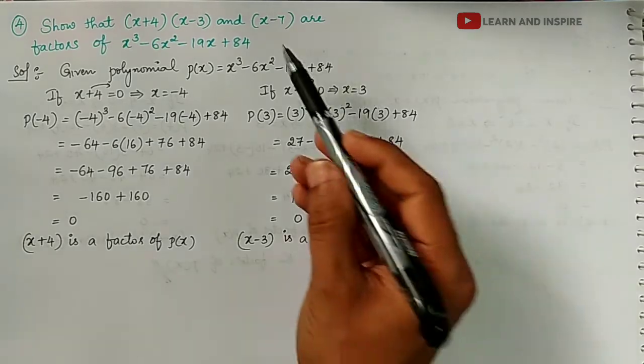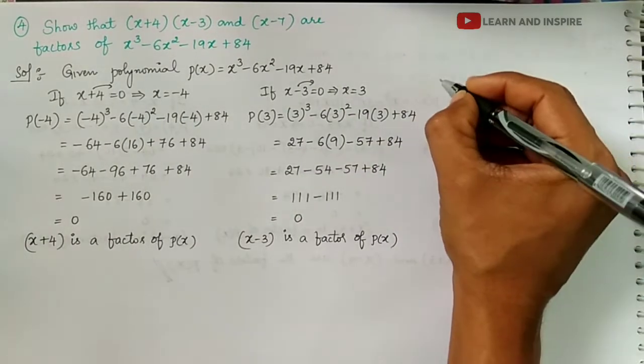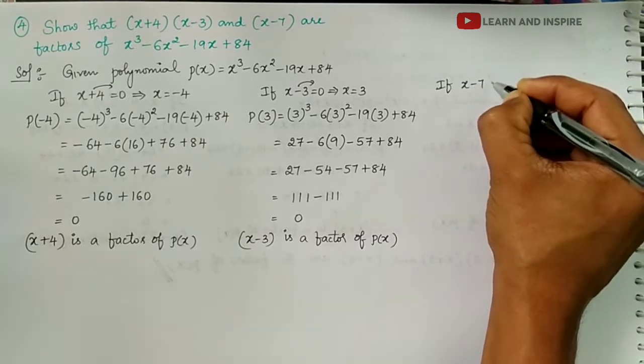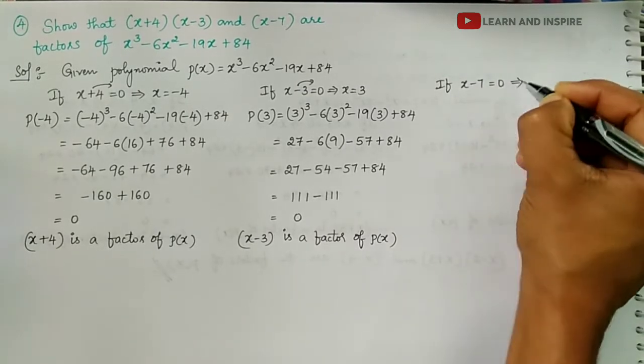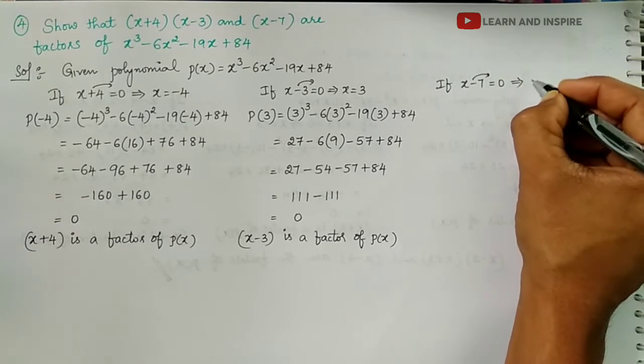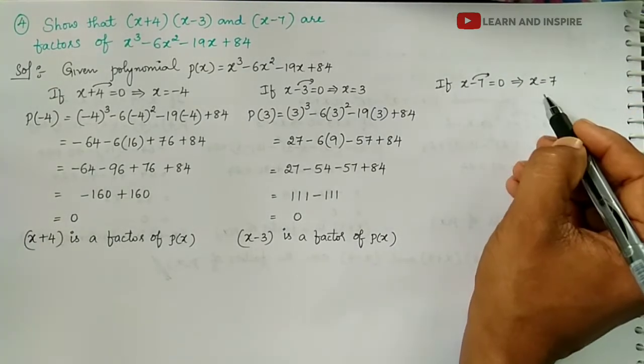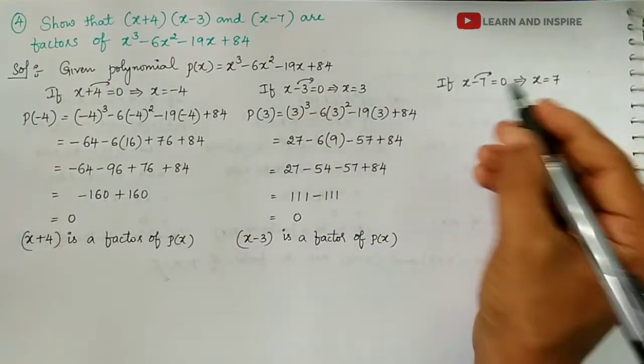And the last one, x minus 7. x minus 7 equals 0, that implies transposing minus 7, we get x equals 7. So we have to substitute x equals 7 in the given polynomial.